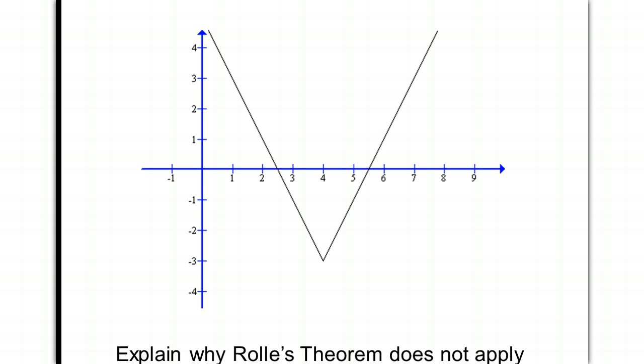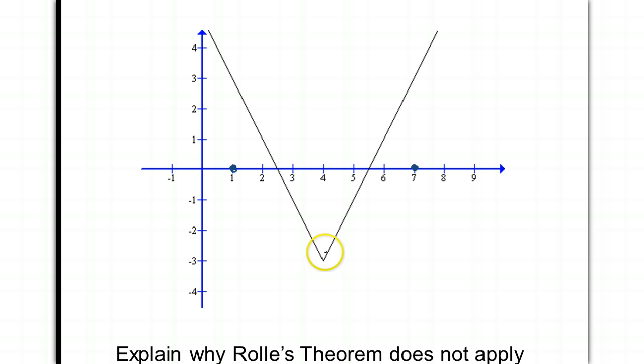Alright, on this slide it says explain why Rolle's theorem does not apply on the interval 1 to 7. Well, here's 1, and here's 7. Why does Rolle's theorem not apply? Well, remember it has to be continuous on the closed interval, which this is, and it has to be differentiable.